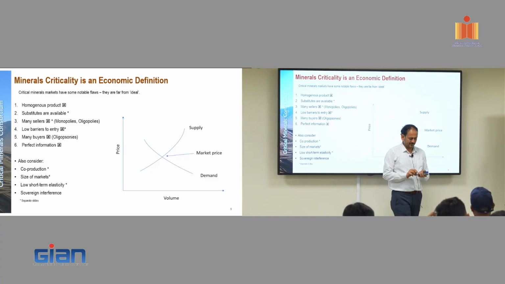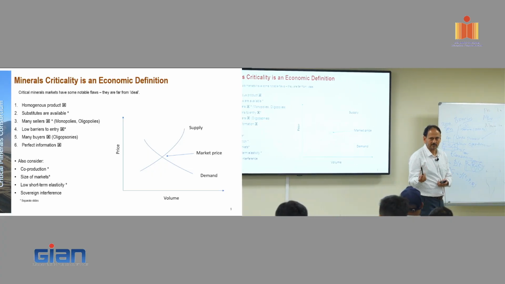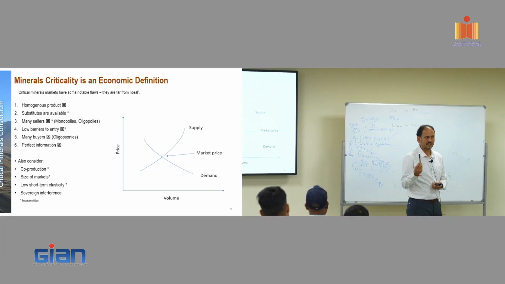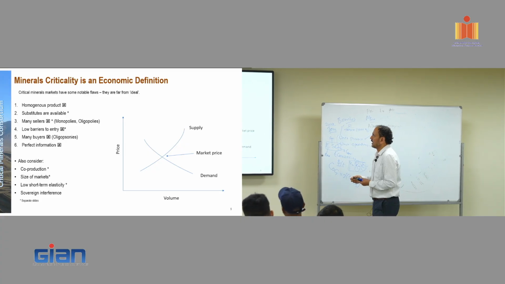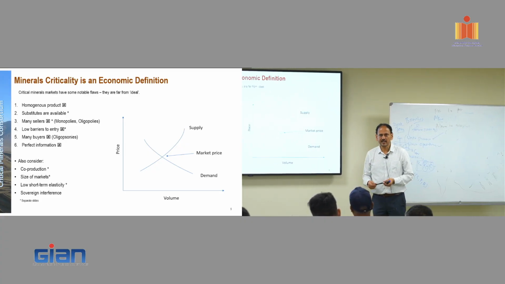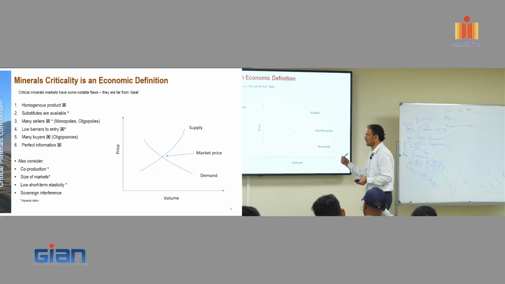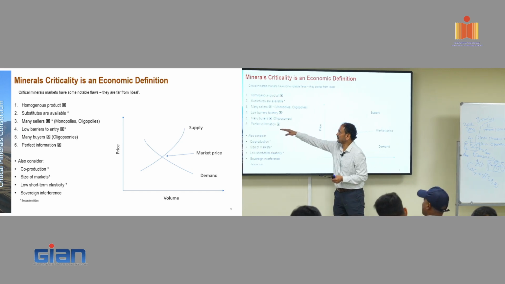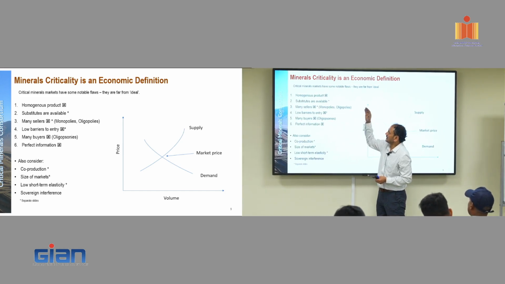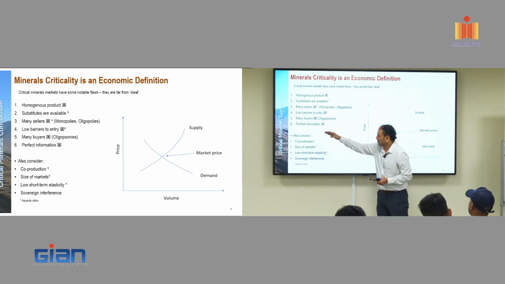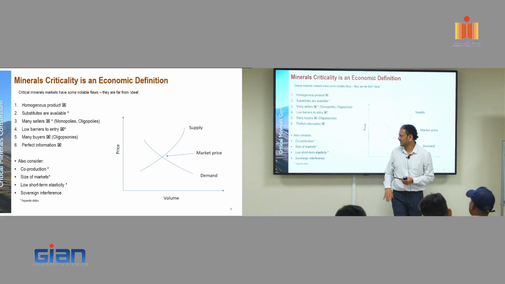As I said, if not this pen, I go to some other pen, right? In an ideal market condition, there are no barriers to entry. Anyone can manufacture it because there's more demand for that. So many manufacturers and perfect information. And also co-production, size of market, low short-term elasticity, et cetera.